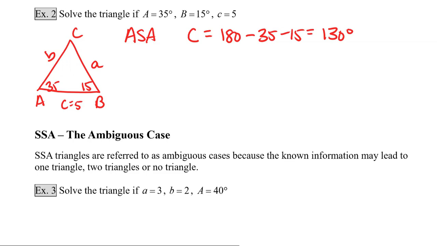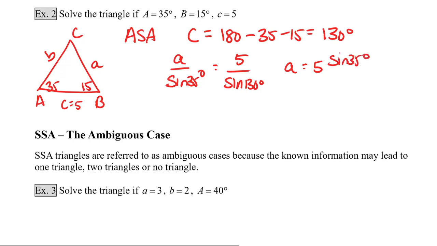Now I can find either side. I'll start by finding side a, so a over the sine of 35 is equal to c, which is 5, over the sine of C, which is 130 degrees. So a is equal to 5 times the sine of 35 over the sine of 130, which is equal to about 3.7.